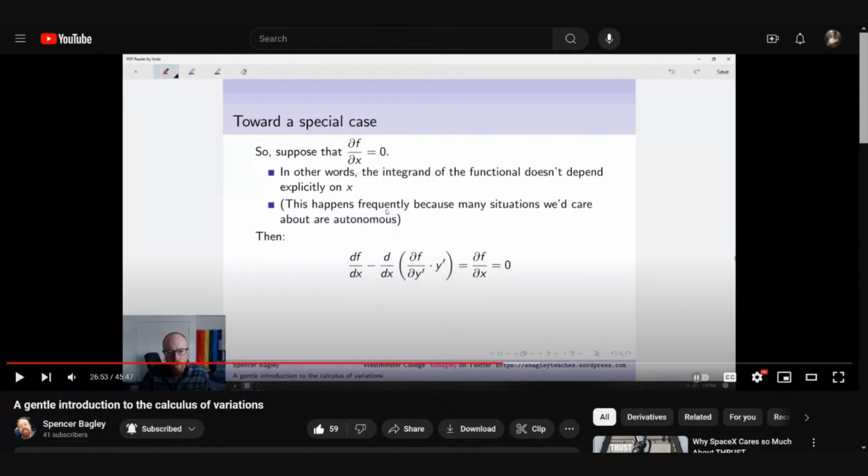F is the original function? What do you mean the partial of f with respect to x is 0? This I don't understand. In other words, the integrand of the functional, but f is not, it's not J. J is the functional. I don't understand. Okay, now I'm lost.